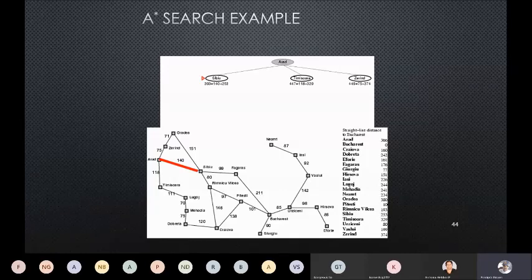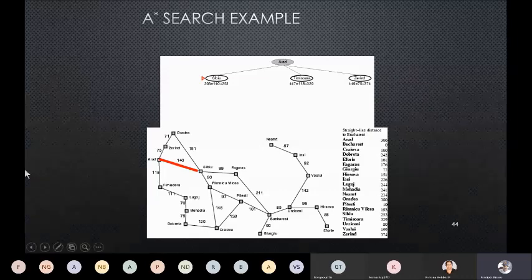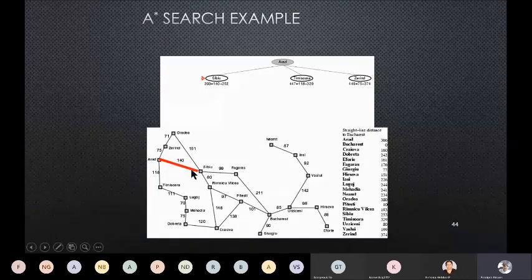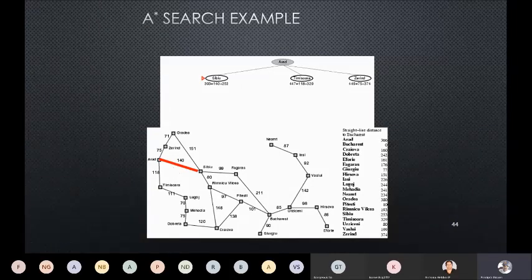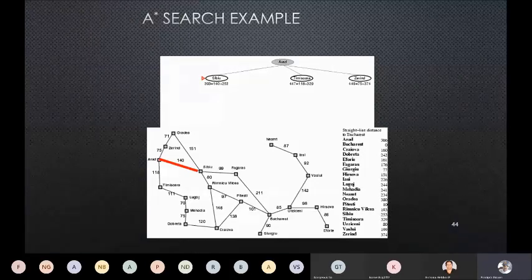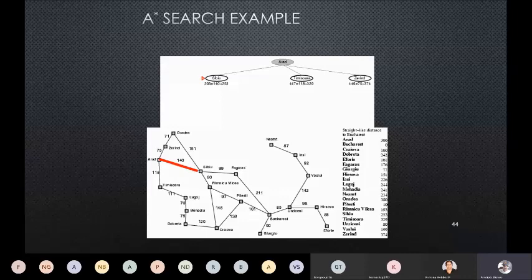If I go to Sibiu, I have to travel 140 kilometers. You can look at the bottom part of the graph, and on top of this red line, 140 is written. So this is the distance of Sibiu from Arad, and Bucharest is 253 kilometers away from Sibiu. So I will add these two values, and 393 is the total value.